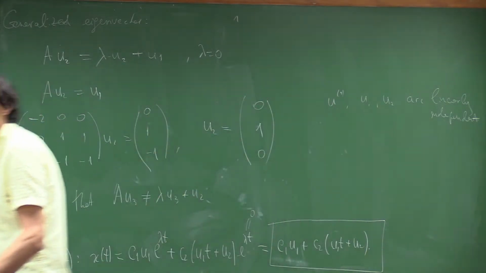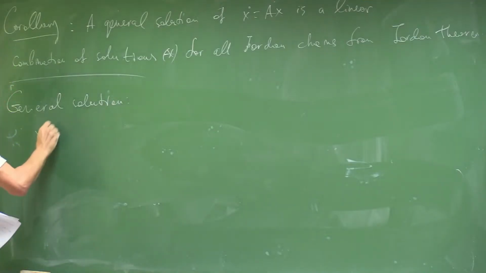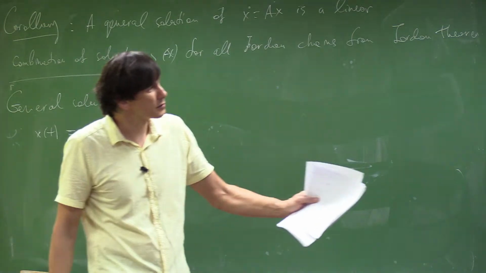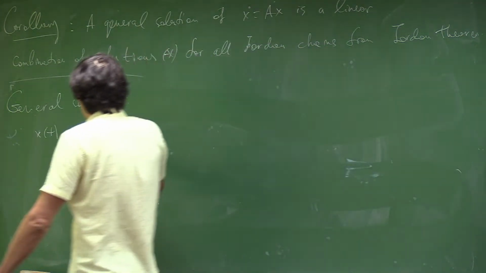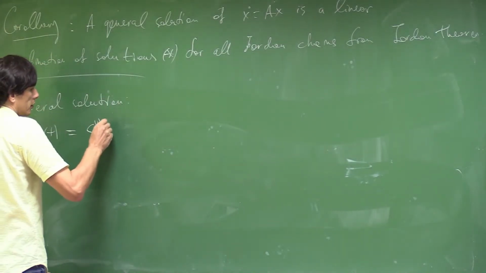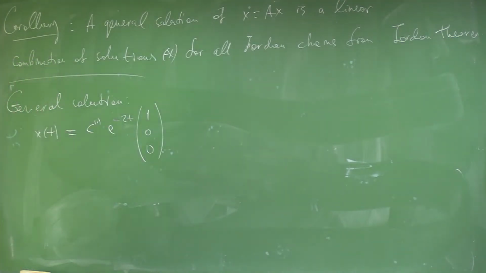So let's check that it works. The general solution is this: C1 times exponent minus 2t times 1, 0, 0. Okay?